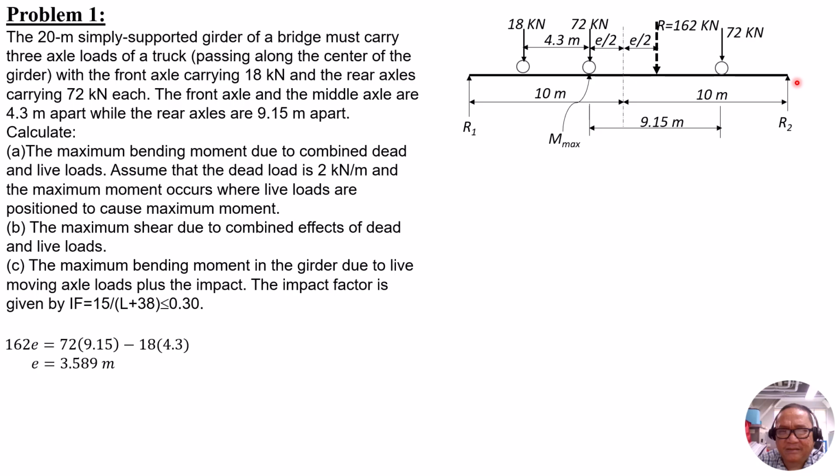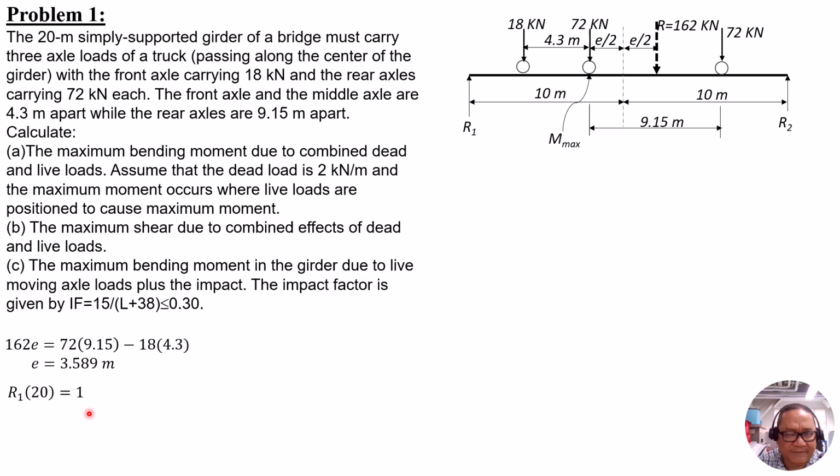Summation of moments about the right side equals 0. So R1 times 20 equals 162 times 10 minus E over 2, and plus 2 times 20 times 10 for the dead load.